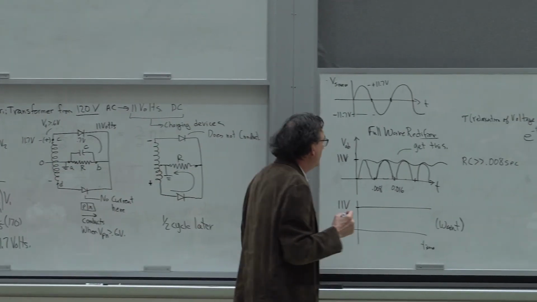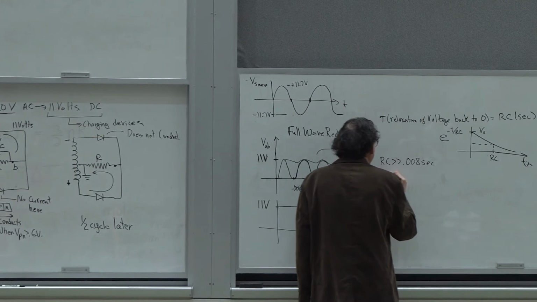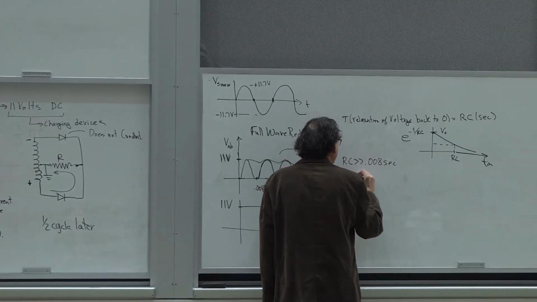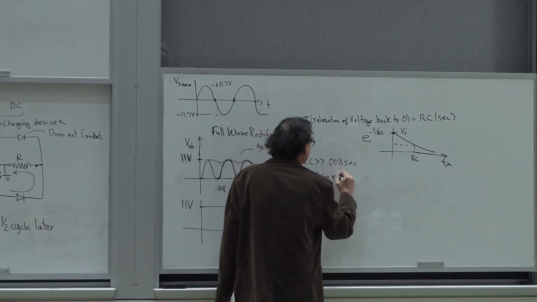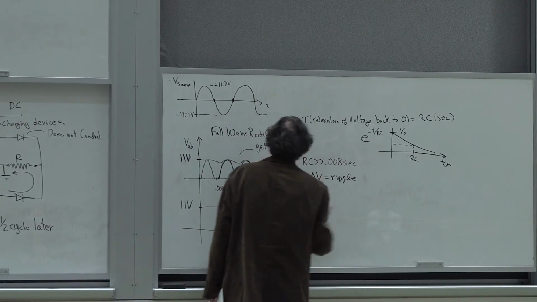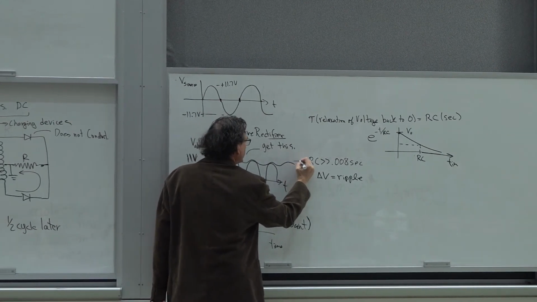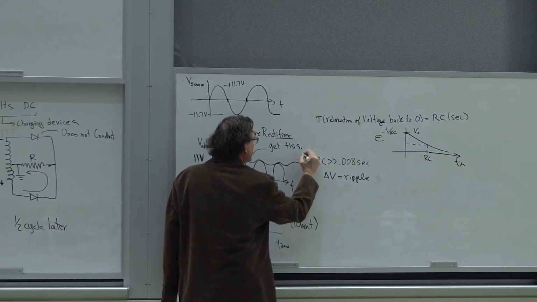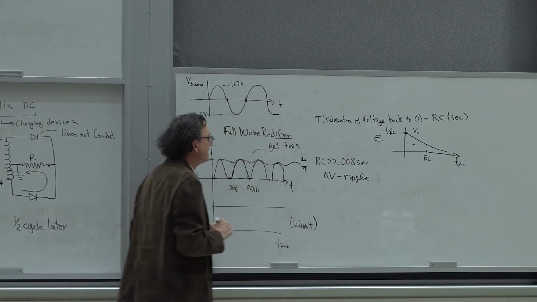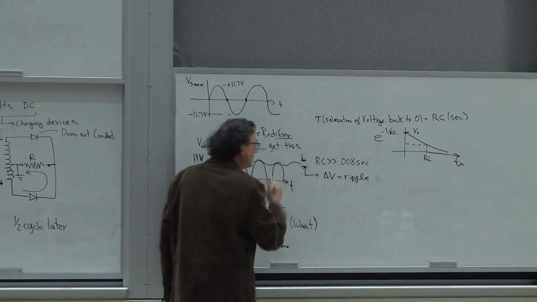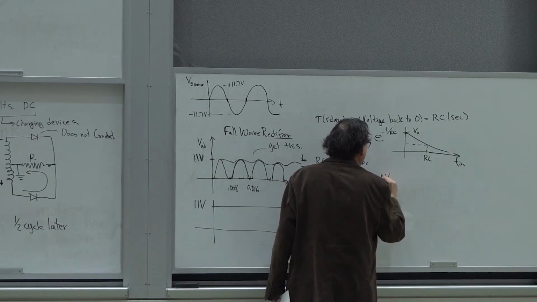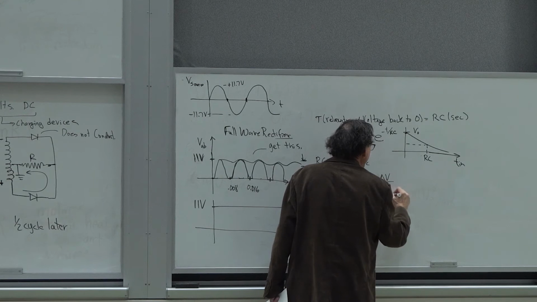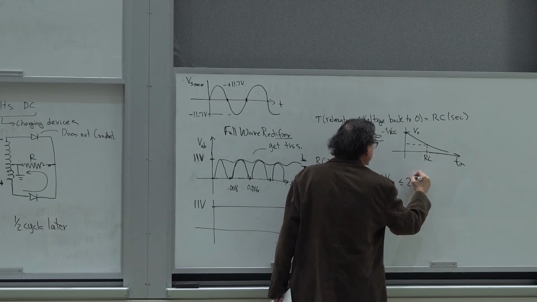Now, typically speaking, for electronic devices, if I define delta V as the ripple, that would be the peak-to-peak difference, the difference between the max and the min. This delta V ripple should have the property that delta V divided by the average voltage, which in this case is 11, should be less than or equal to about 2%.